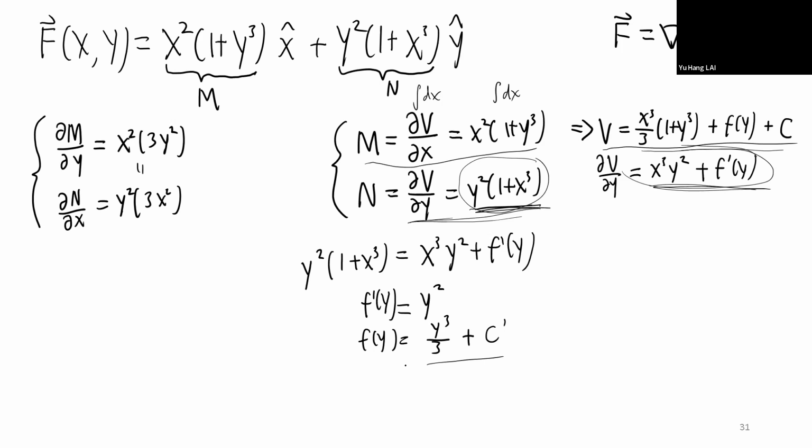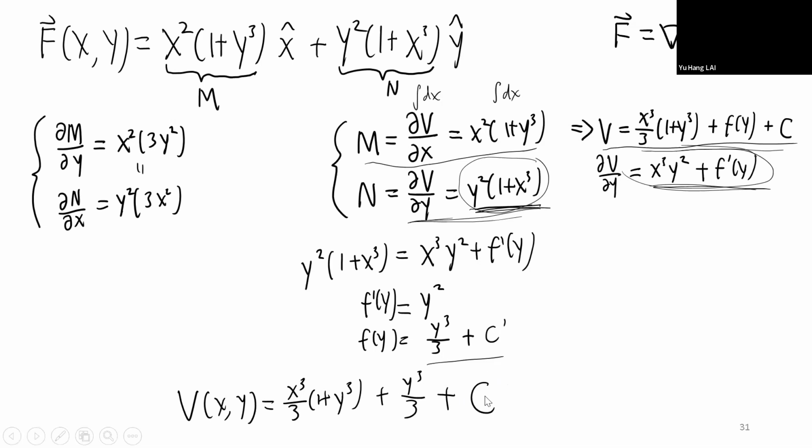So then at the end, this v as a function of x and y is given by this, plus some unknown constant c. But that one I cannot figure out unless you give me more information.